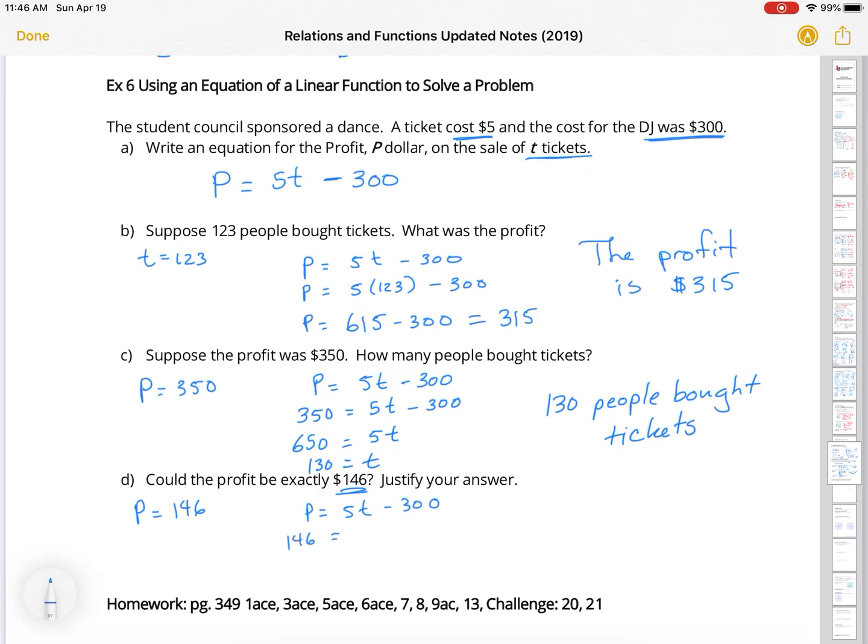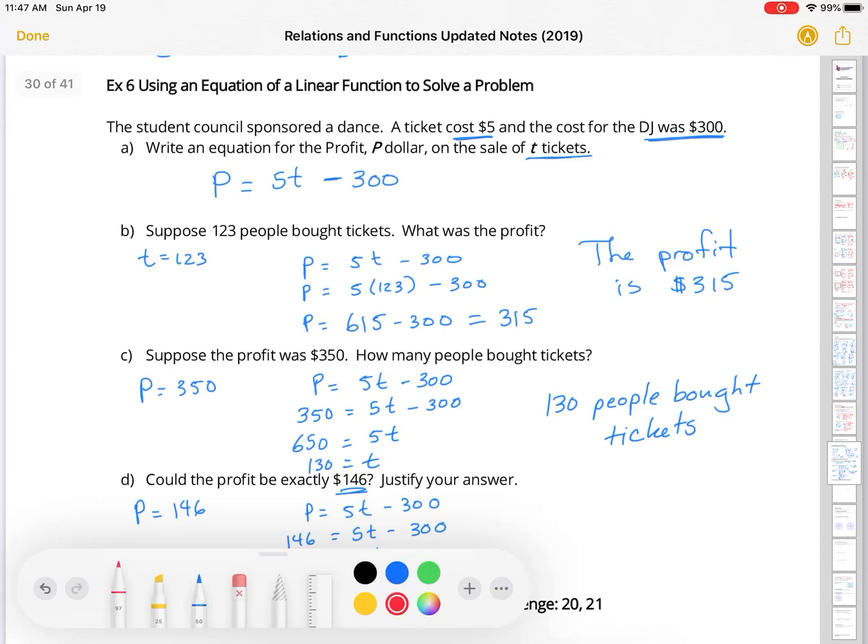We put in our 146 here. Minus 300. We rearrange, move the 300 over. You get 446 equals 5t. Now here, if we divide, we don't get a perfect number, a whole number. We get 446 divided by 5. We get a decimal. We get 89.2 equals t.